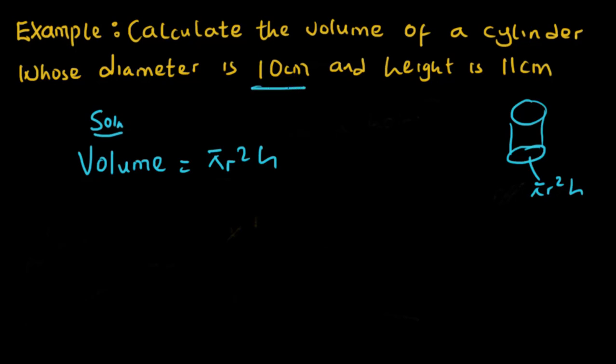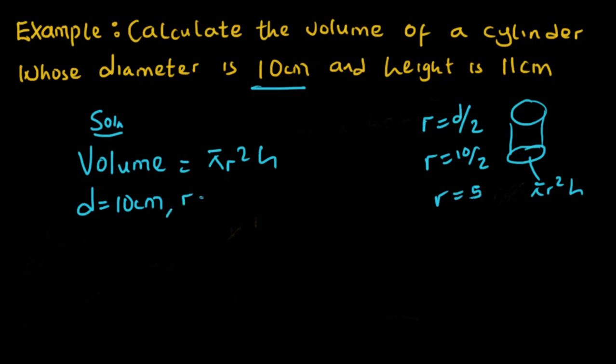We know that the diameter is 10 centimeter. But if you look at the formula, there is no diameter. But we know that radius is diameter over 2. So radius is 10 over 2, which is 5 centimeters.